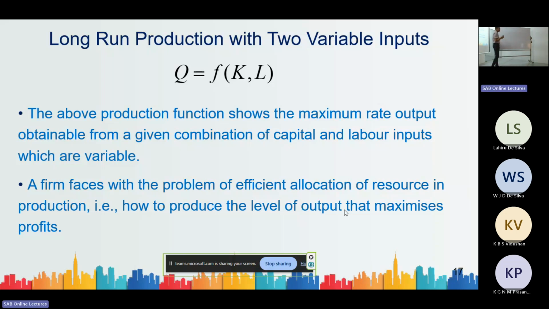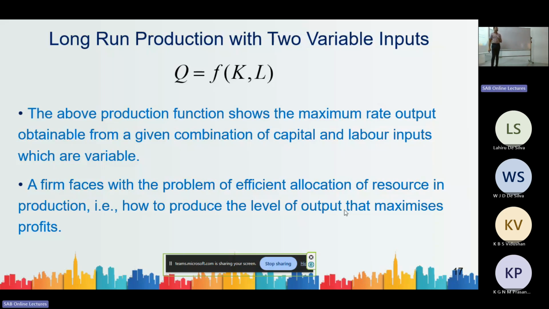Today, we are about to start discussing long run production theory and long run cost theory. Long run production theory is discussed in session number 1, and long run cost theory is discussed in session number 2. So I'm referring to session number 1, slide number 17 here.